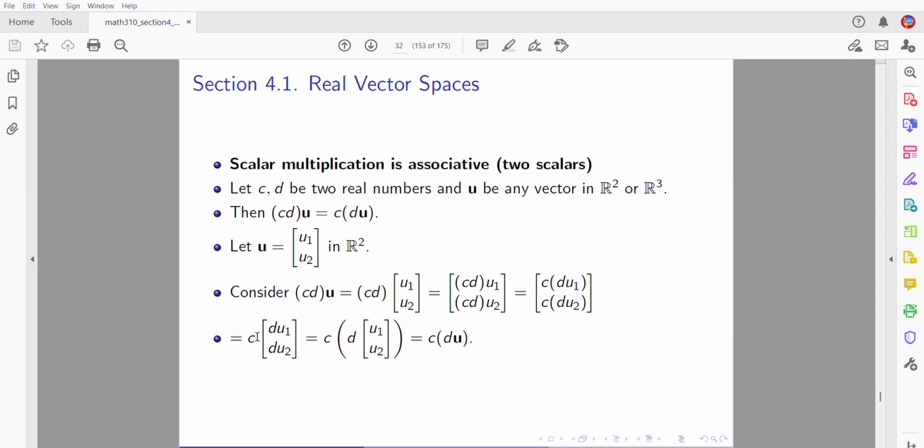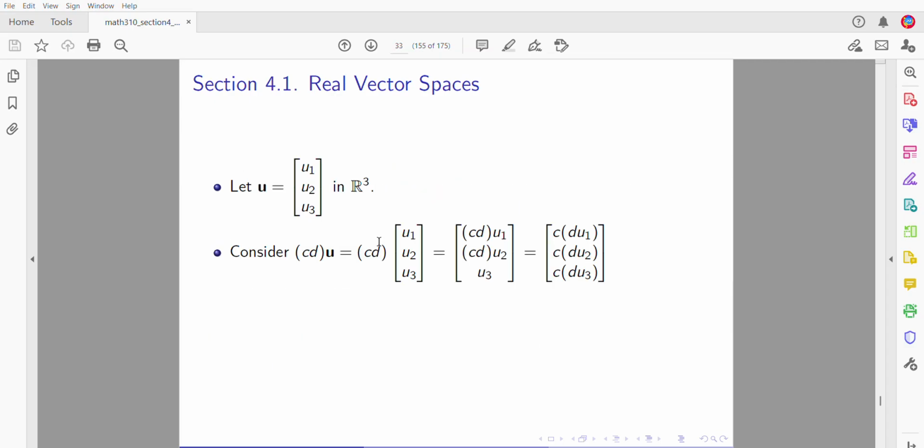This scalar jumped out, and look at that. You can get the next scalar out, hence the parentheses. So this vector alone is D times this vector. So C outside, D inside with the vector U, and that is associativity of scalar multiplication.